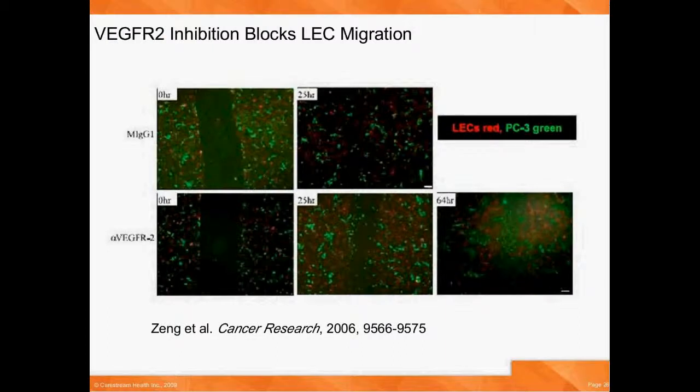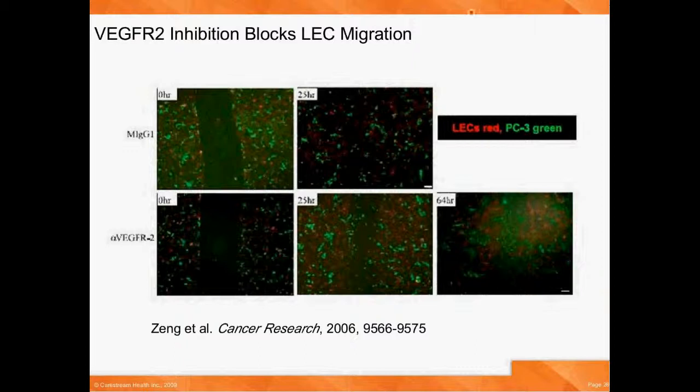They then hypothesized that the lymphatic cells, which were known to have VEGFR2 receptors, were being activated for migration to and from the tumor site by this excretion of VEGF-A.